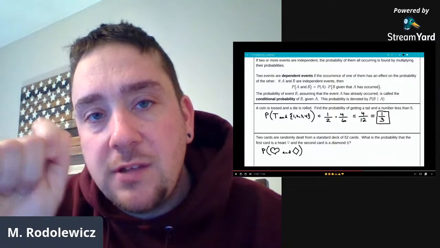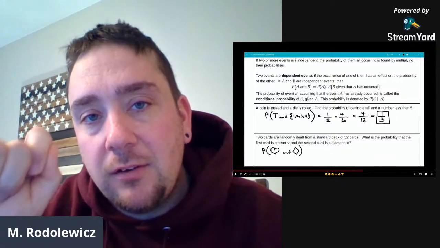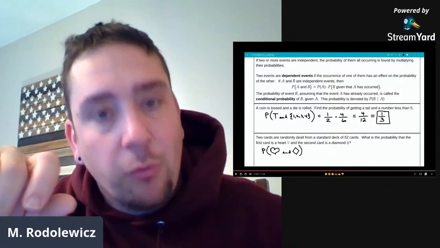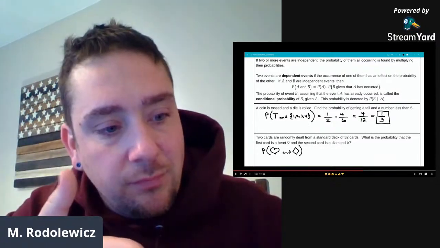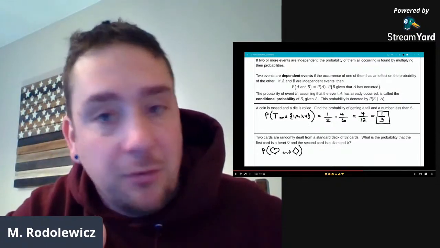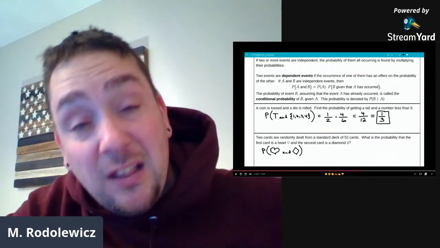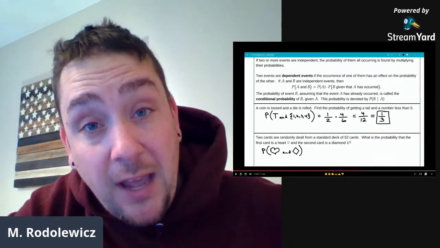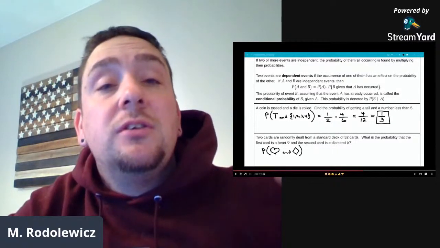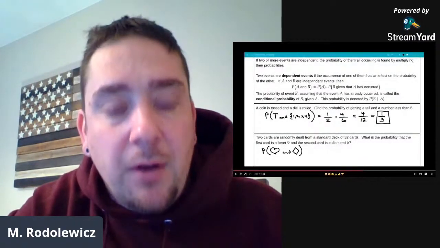This first card that was dealt is no longer in the deck. It's no longer able to be dealt because it's already out. So there is an influence on what's going to happen next, right? This is a dependent probability.